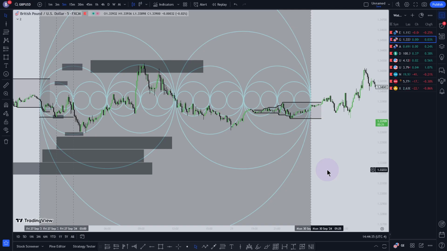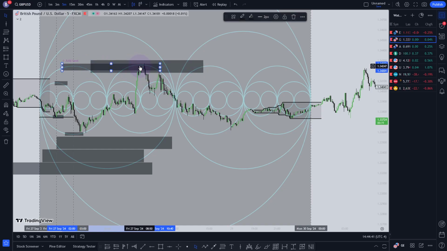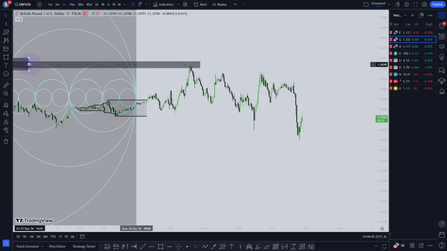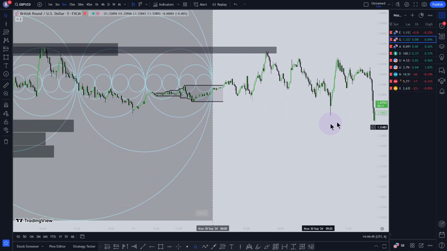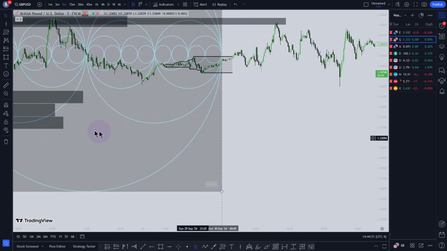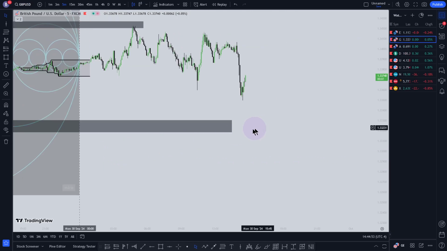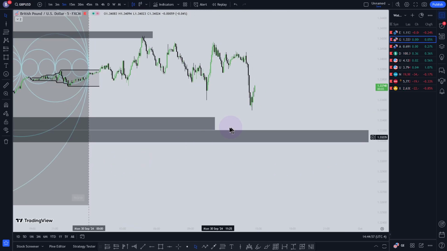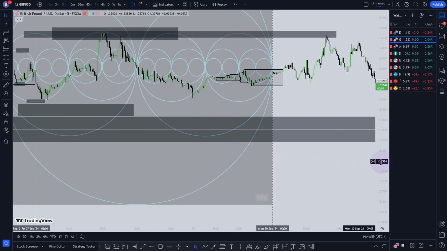What is beautifully matching with the Enigma 2.0 high of the day zone? This is right there. As you can see, not once, twice. You can see that beautiful bounce. Let's see the lower zones. This didn't get hit, so this will be really interesting to watch. This also didn't get hit, so this will be interesting to watch.